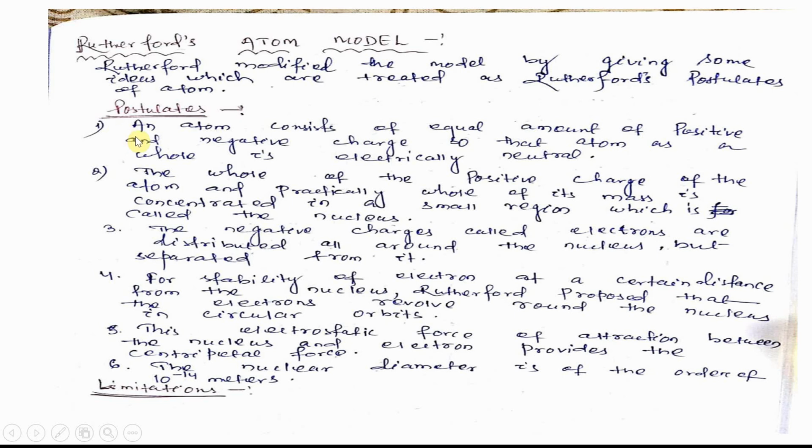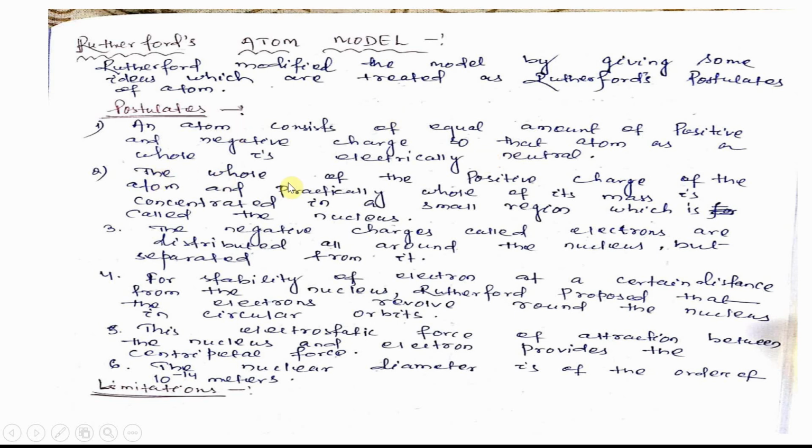The first postulate given by him is that an atom consists of equal amounts of positive and negative charge, so that the atom as a whole is electrically neutral. Since positive and negative are just the same, the atom must be neutral.